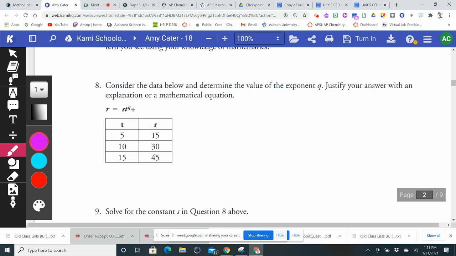All right, so here's the equation. Here's the setup. R equals s t raised to the q power. And s is a constant. Okay? So we could set it to be whatever we want. It's a constant. Okay? So t is 5. R is 15. Well, if we say s is 1, because that just makes things easier, what would q be?